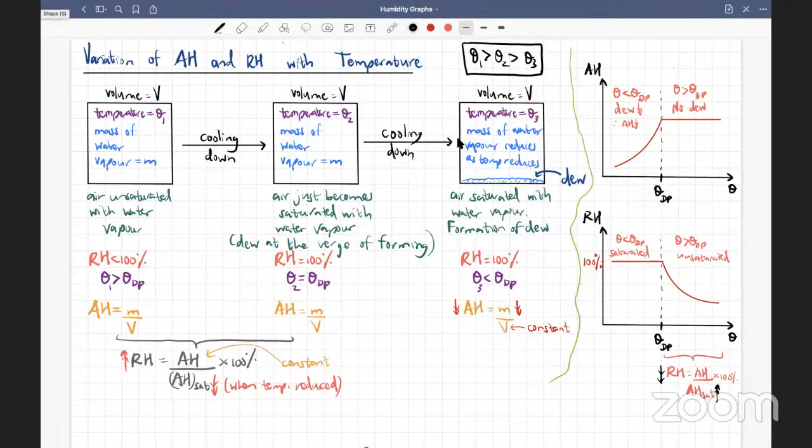And then it's time for us to move on to the next part, that is the variation of AH and RH with volume. Once we do that, we can move on to the next part.